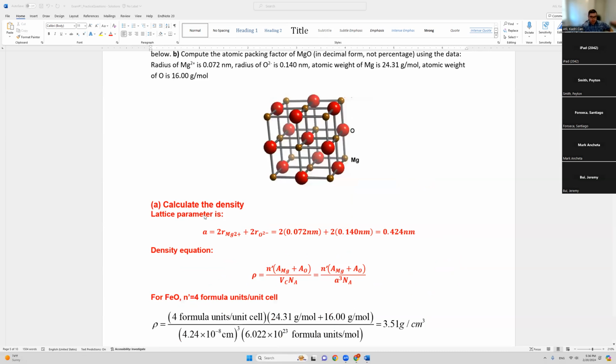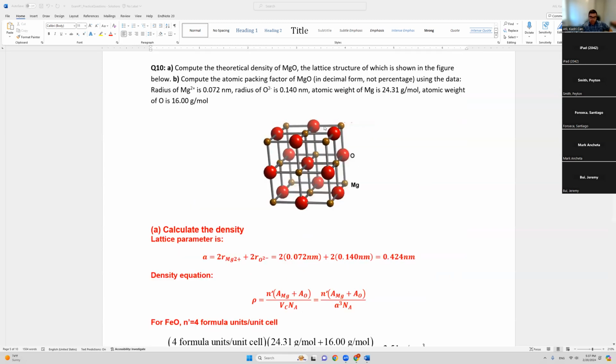The density equation then becomes rho is equal to n prime times the atomic weight of magnesium plus the atomic weight of oxygen, divided by VC, the volume of the unit cell, times Avogadro's number. We need to find out n prime also, like how many oxygen and how many magnesium atoms we have.